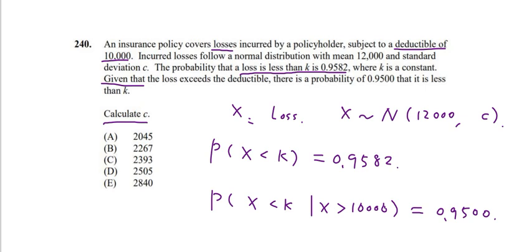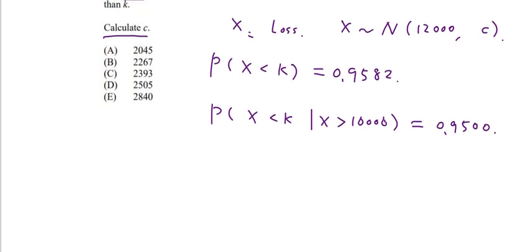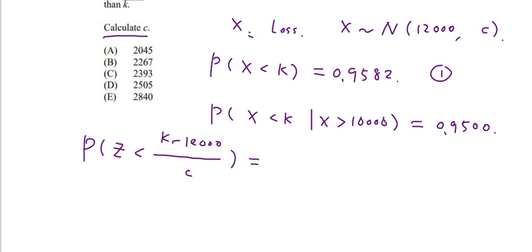Here we need to change the general normal to the standard normal. From condition one, equation one, x less than k is changed to z less than k minus the mean over the standard deviation c. This probability is this.